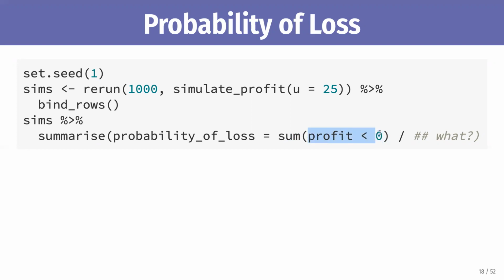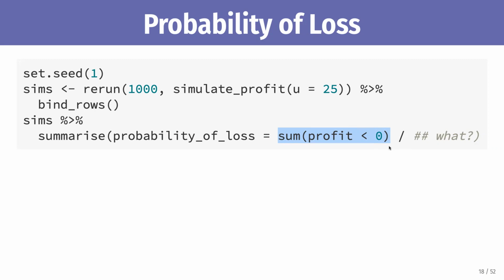If it is less than 0, it gets the value true, or equivalently the value 1. If it's greater than 0, it gets the value false, or equivalently the value 0. If you sum up all of these, it's going to give you the total number of times in your simulation that your profit was less than 0.